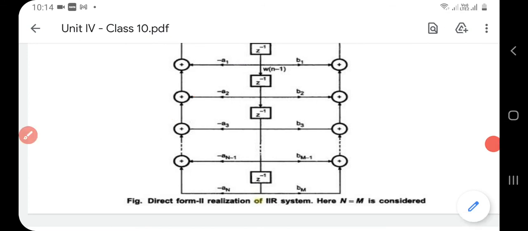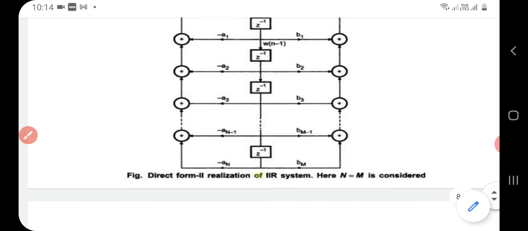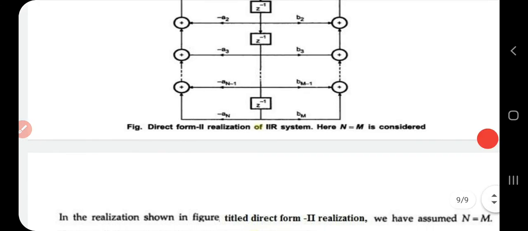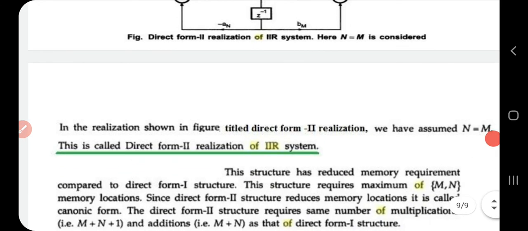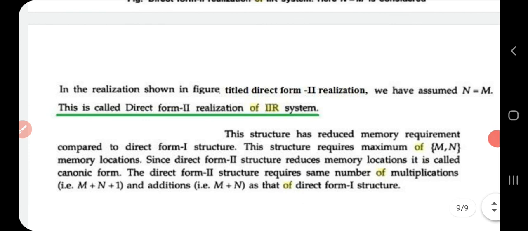So this direct form 1 realization and direct form 2 realization are very easy to study. So most probably it will be asked like an essay question: discuss about direct form 1 and direct form 2 realization. So definitely you have to write from class 9 and class 10. If it is asked as a short answer question, then you can refer class 8.